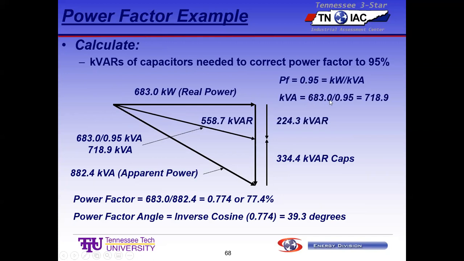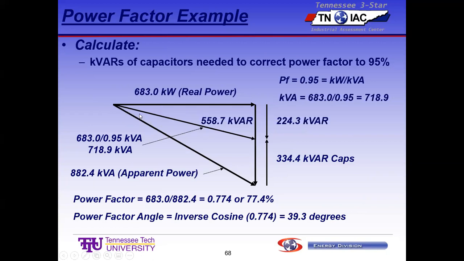If I take the 683 divided by 0.95, in this smaller triangle that has a power factor of 0.95, this hypotenuse would be 718.9. So that's just our desired power factor divided into our real kW. And the real kW is solid. It's anchored. It isn't going anywhere for that month.